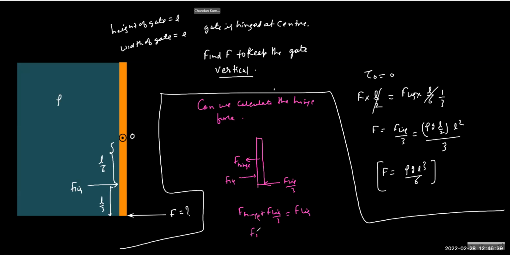So F hinge is how much? It is 2 by 3 F liquid. And so this is 2 by 3 into rho G L by 2 into L square. This is rho G L cube by 3. Yeah, this is the answer.